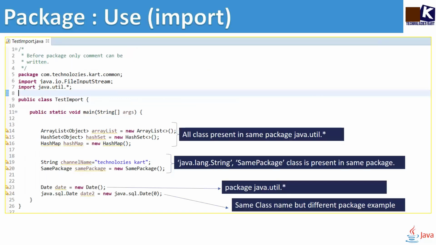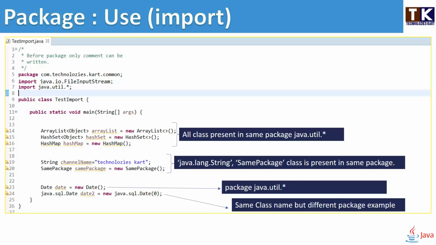To use any class, we need to import that class using the import keyword, unless that class is present in the same package or in the java.lang package. The java.lang package is the default package of Java, so we do not need to import these classes. These classes are directly accessible.